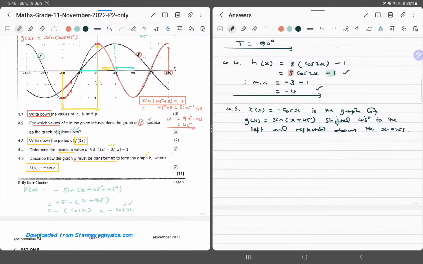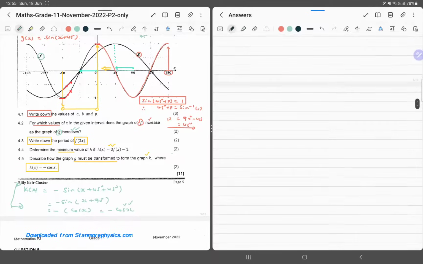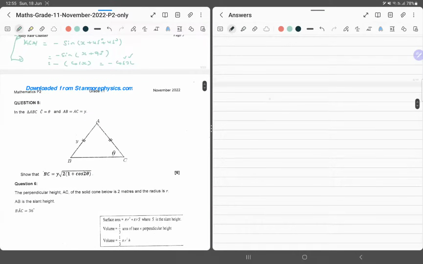Okay, so you can do some checks on the side to confirm if your answer is correct, like I said, and then you make up your mind. Right, so that's how we're getting our 2 marks. I guess first is to say shifted 45 degrees and then the reflection about the x-axis, and that gives us our marks for that question. Okay, let's move on to the next question.